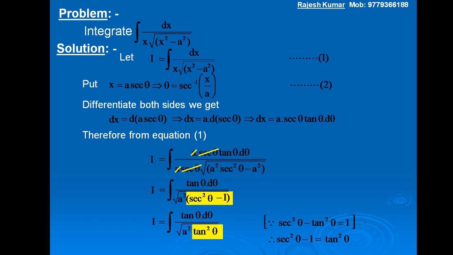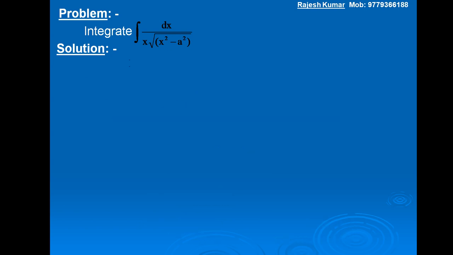So putting the value of secant square theta minus 1 is equal to tan square theta, we get capital I is equal to integration of tan theta upon square root of a square tan square theta into d theta. Means integration is with respect to theta.